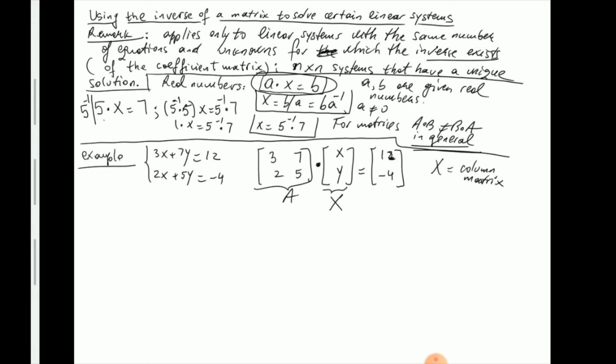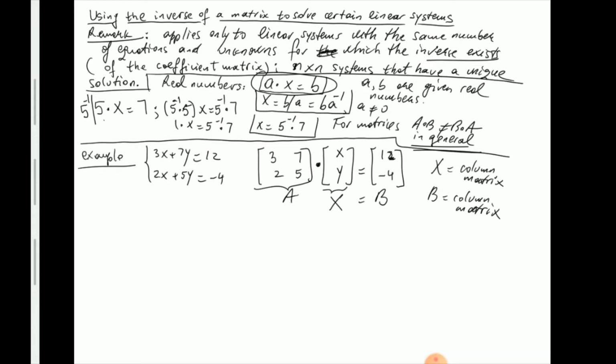A will be the coefficients matrix of the system, and the right hand side you can call B. B is also a column matrix, which encapsulates the right hand side of the system. So it's analogous to real numbers, right?